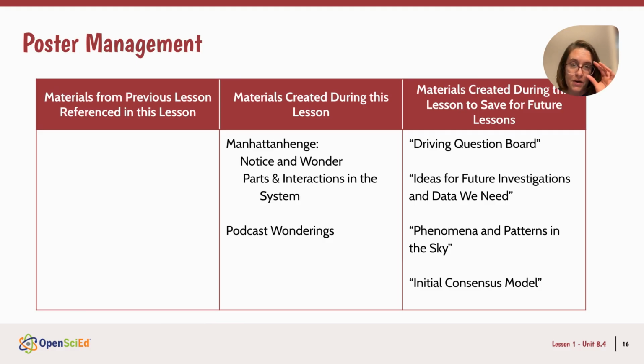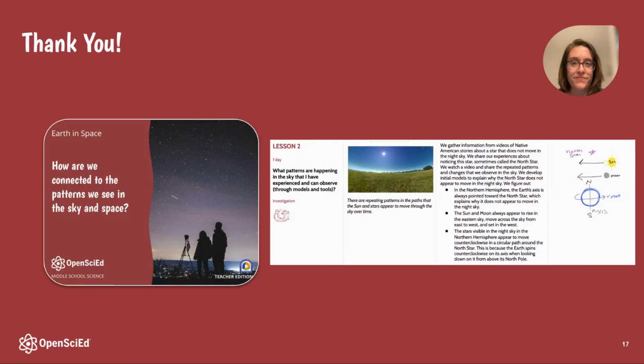It's a lot of posters being created in this lesson, but because it's lesson one, this is really setting our pathway and having students create what we want to figure out and where we want to go. So these are really useful posters to help guide thinking for the whole unit.